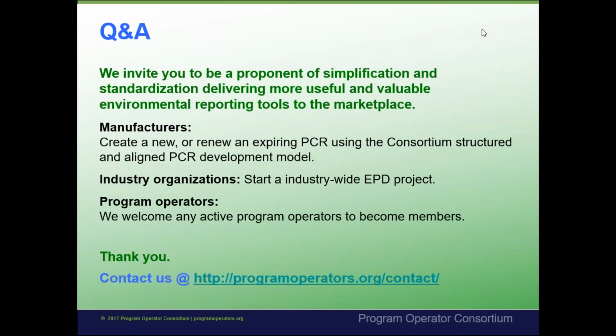For example, if one impact category is particularly relevant to your industry, but it's not required by ISO 21930, and you want to be compliant with ISO 21930, then you can decide to make that impact category required.